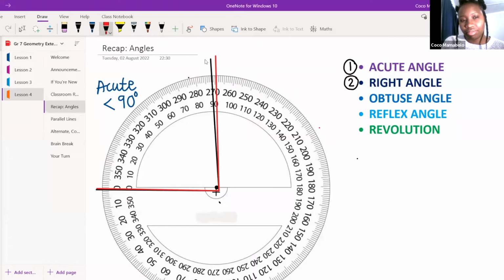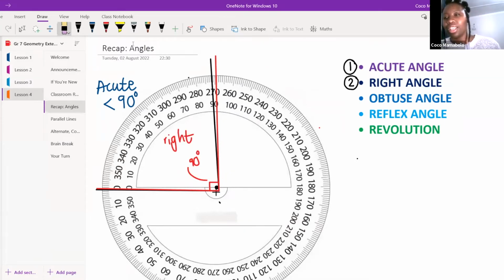A square, ma'am. Yes, a square. So I can draw a tiny little square like that. And that tells me that this is 90 degrees. And instead of calling it a 90-degree angle, what are we going to call it? Right angle, ma'am. Good, a right angle. Amazing stuff. Very well done, Ayanda.